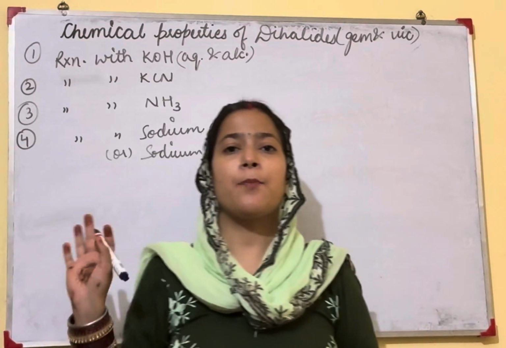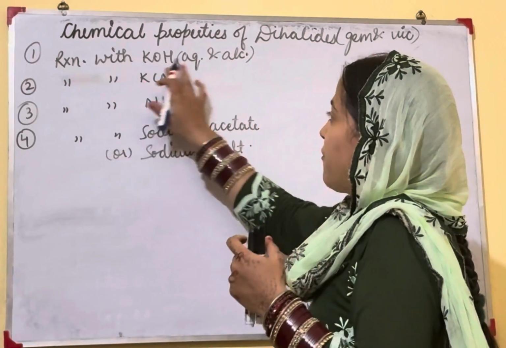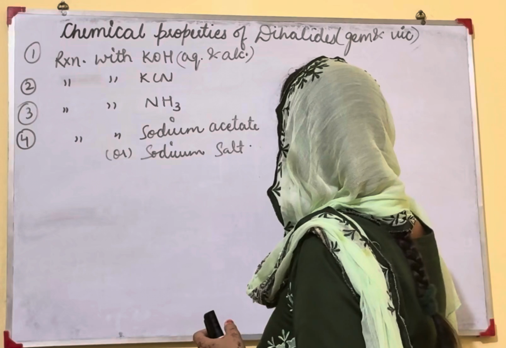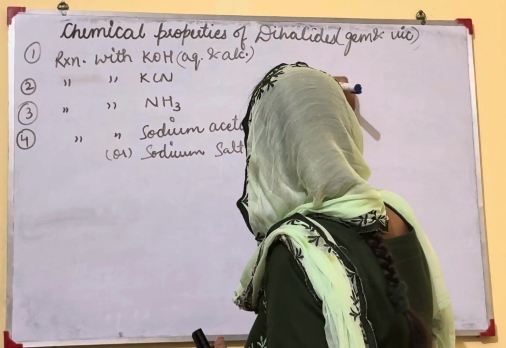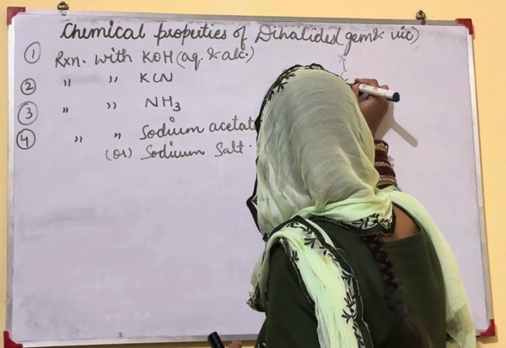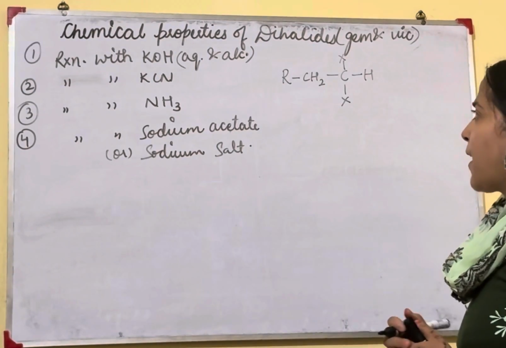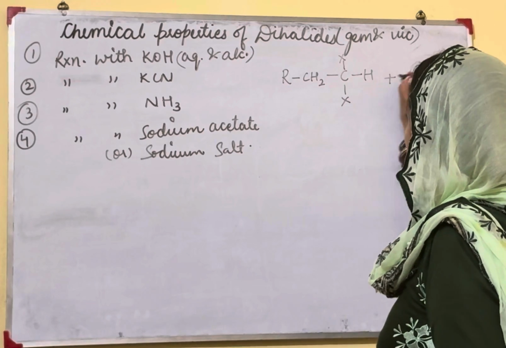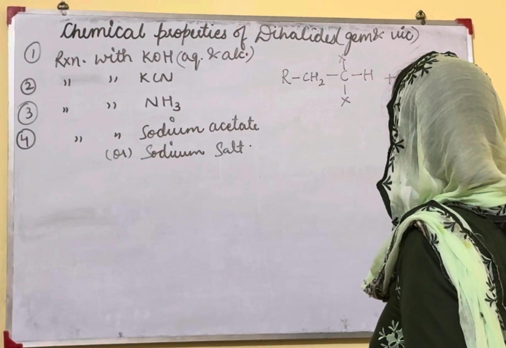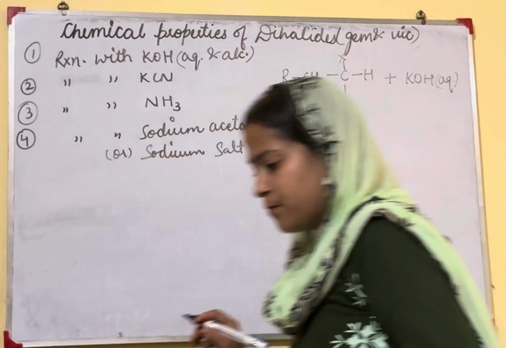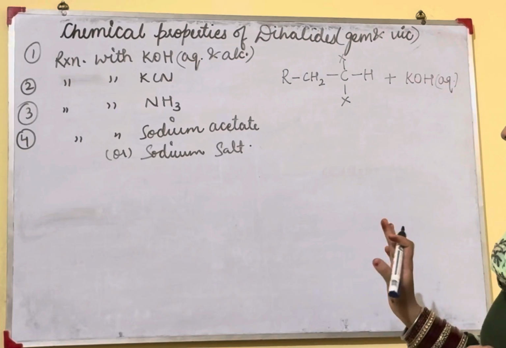In the chemical properties of geminal and vicinal dihalide, first is the reaction with KOH. First we take any dihalide, R CH2 CXXH. This is a geminal dihalide. What will happen when it reacts with aqueous KOH? It will undergo a substitution reaction.